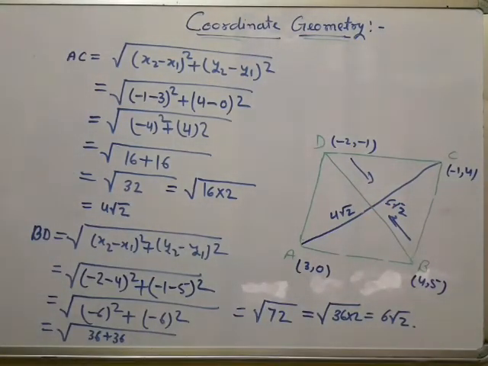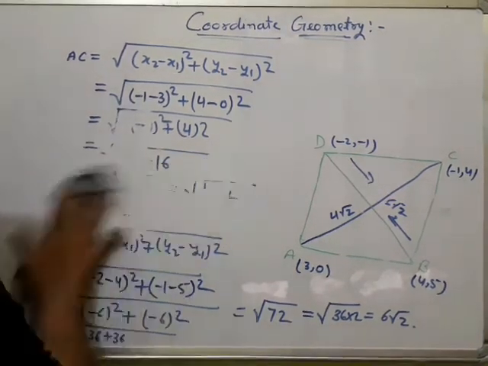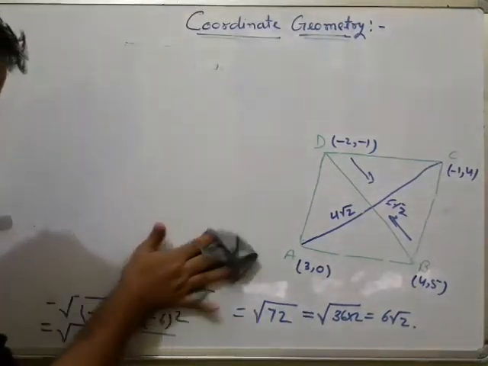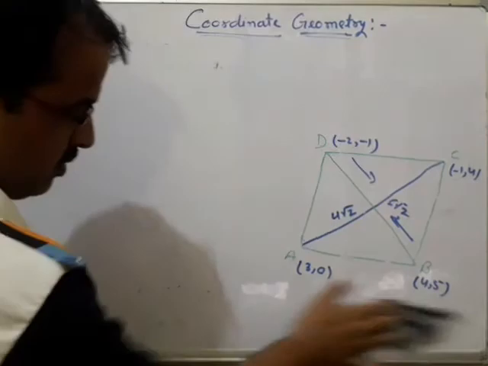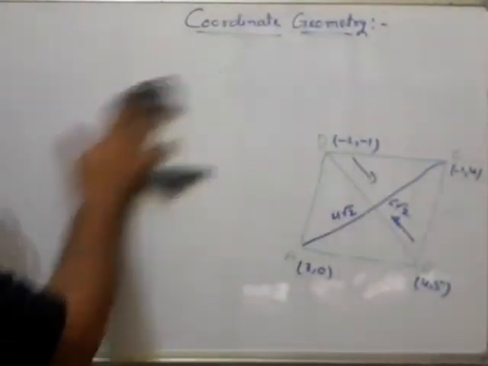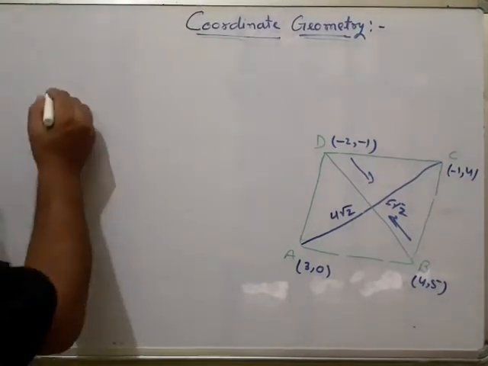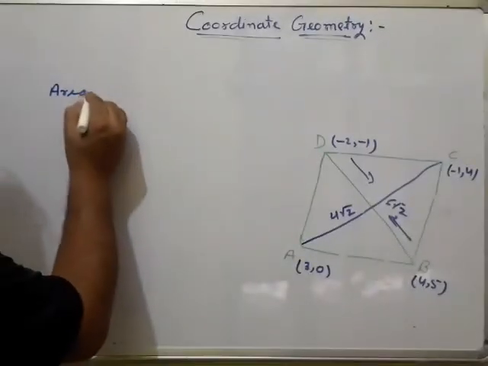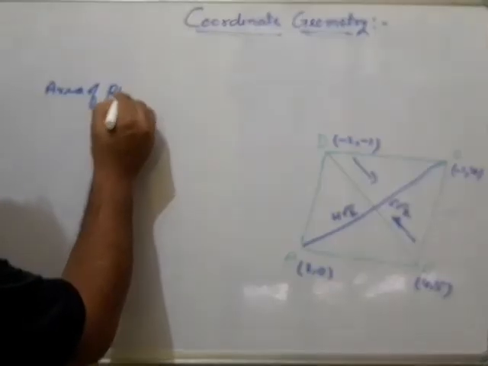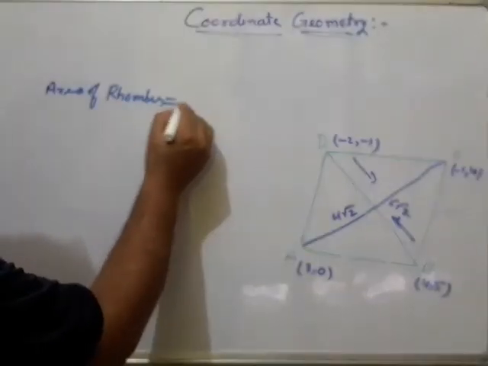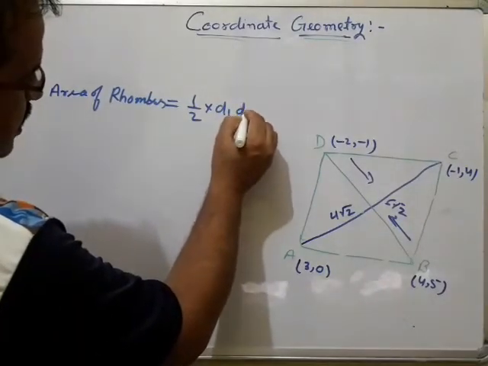So the area of a rhombus, we already wrote this formula here. Area of rhombus is equal to 1 by 2 d1 into d2.